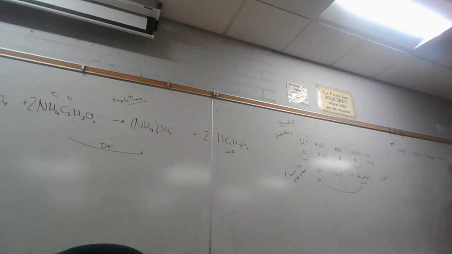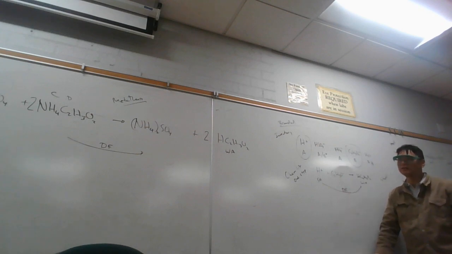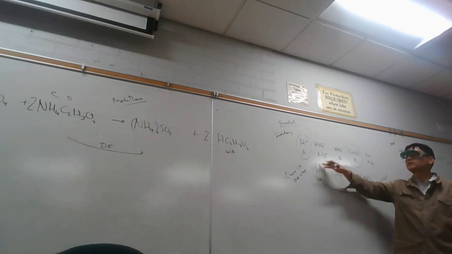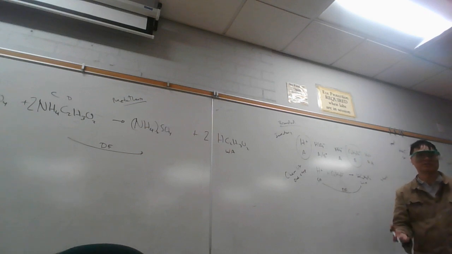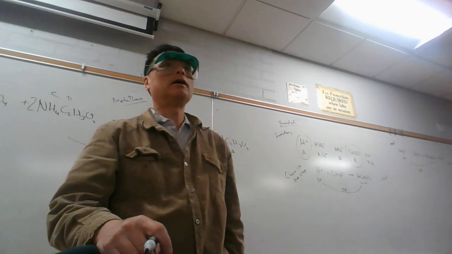This would be step 2. And so HSO4 minus turns out to be a stronger acid than even acetic acid, so there's a driving force for this. And so we handle it a little bit differently, metathesis versus Bronsted. In Bronsted, we just do one step, or one step at a time.